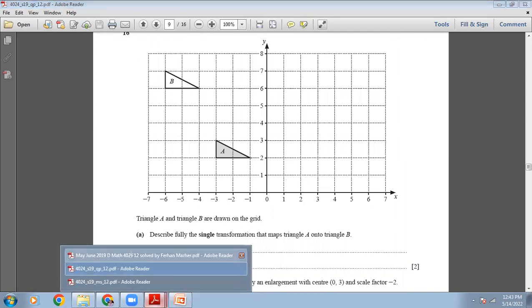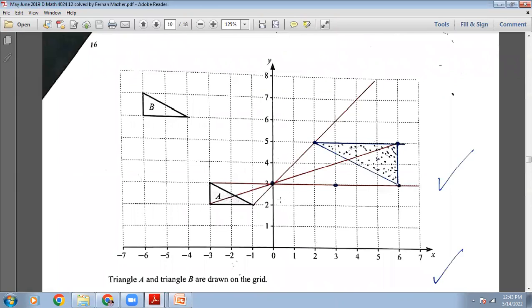The methodology is very simple. Let me show you. You join the vertices of that triangle with the center of enlargement, and you prolong the lines on both sides. I have prolonged them only opposite to triangle A because I know that the factor is -2.